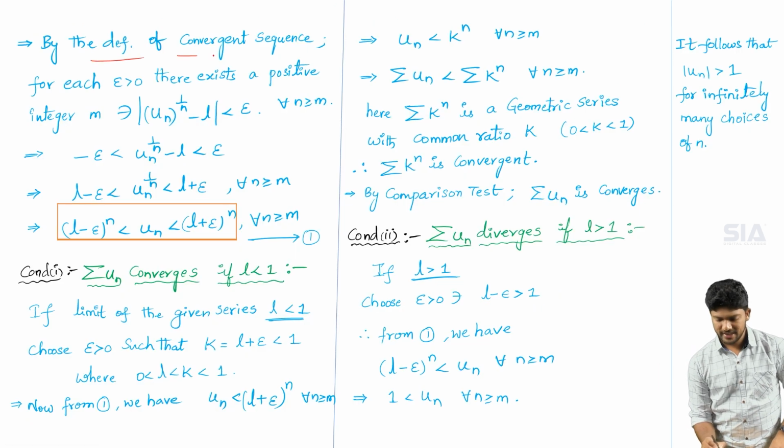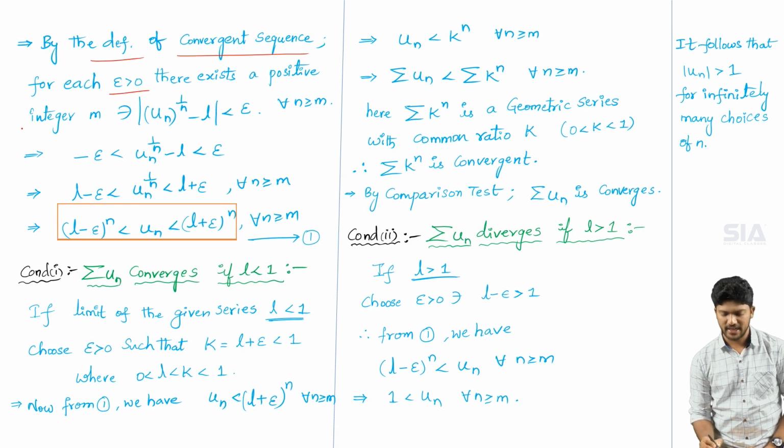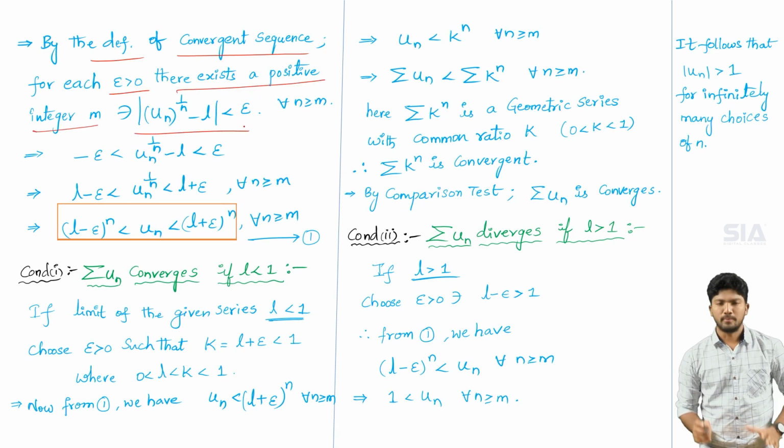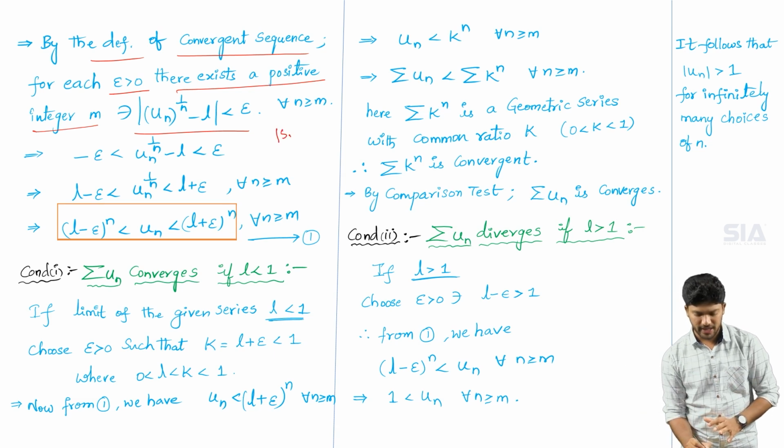By the definition of the convergence of a sequence, for each epsilon greater than 0, there exists a positive integer small m such that mod S suffix n minus L less than epsilon.